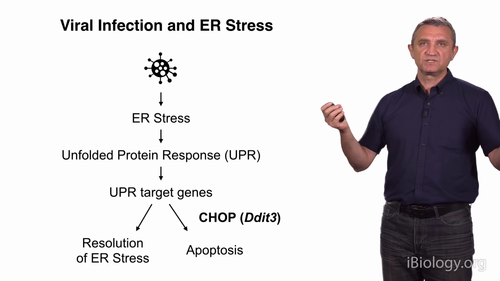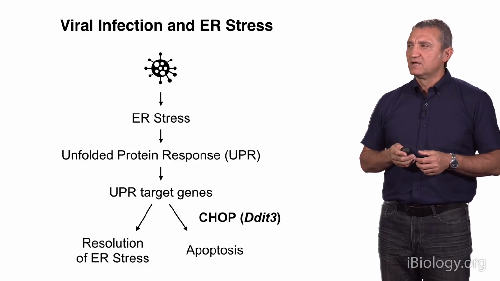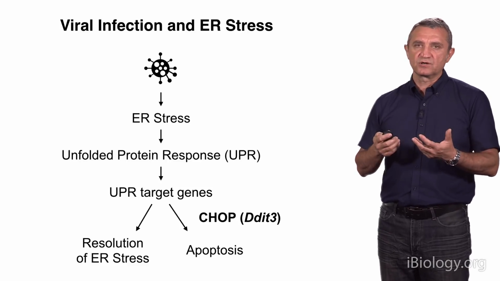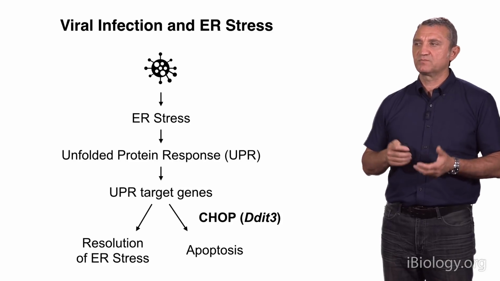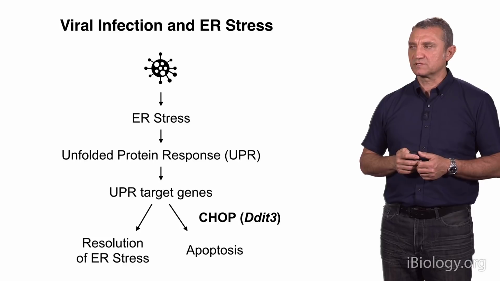So we thought perhaps these two conditions may somehow conspire to trigger excessive ER stress, leading to induction of this transcription factor CHOP, leading to neuronal damage in the brainstem.